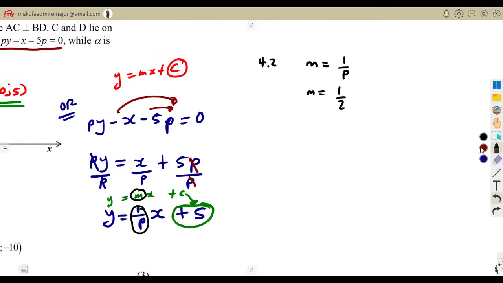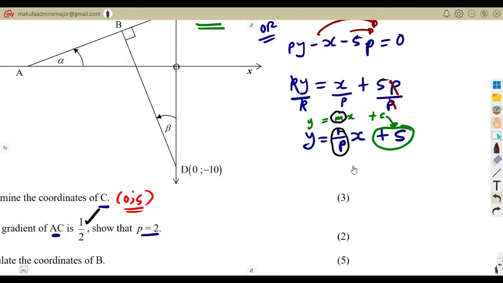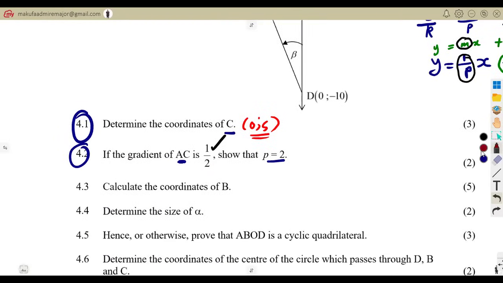So if these two are equal, what is the value of P? We just have to equate these two. So meaning to say 1 over P is equal to 1 over 2. So what is the value of P? So P is equal to 2. Just cross multiply. P times 1, that's P. 1 times 2, that's a 2. So as we can see, guys, P is equal to 2, which is exactly what we are being asked to show, that P is 2.